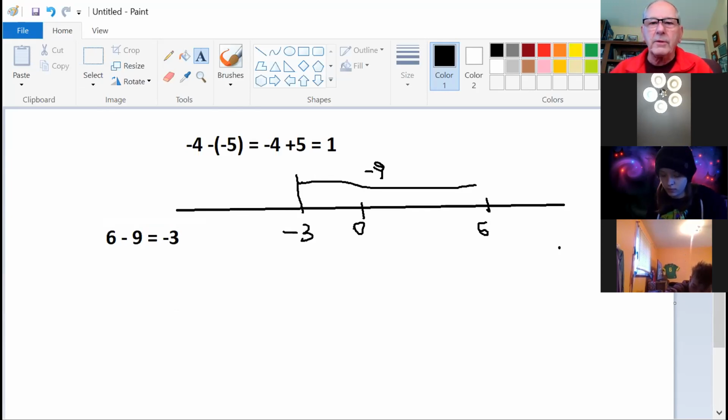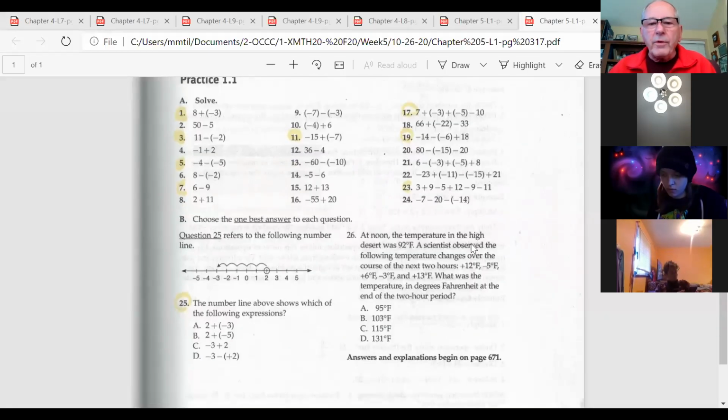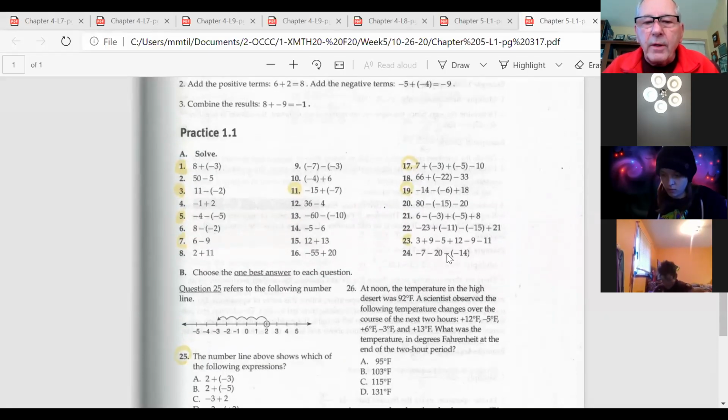Okay, let's look and see what else we got here. They're just more of the same. The other thing I want to do is look at a challenging one. I just want to show you how I do a challenging one, so I don't use a number line.